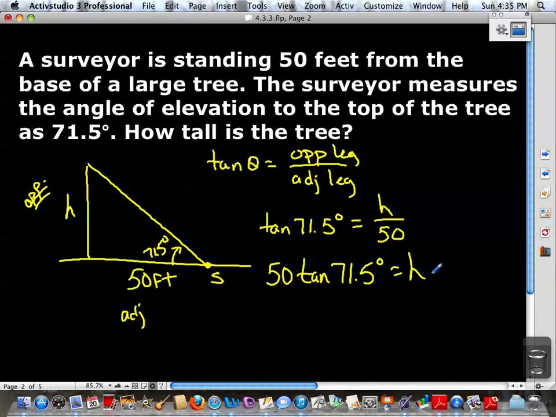So now we're going to go to the calculator. But again, we have to make sure that our calculator is in the same degree mode as our angle. So since our angle is in degrees, I'm going to go to my mode key and make sure that my calculator is in degree mode. And then I'm going to type in 50 times the tangent of 71.5.